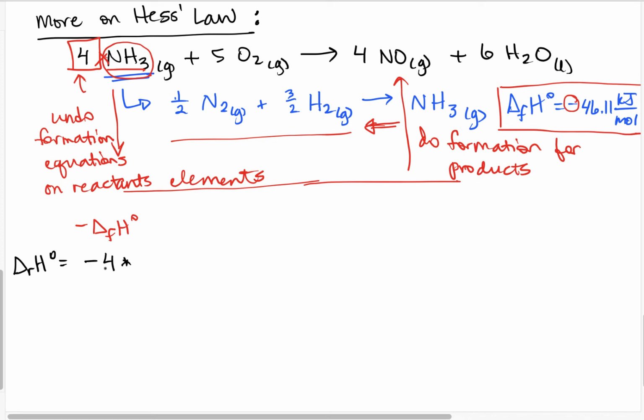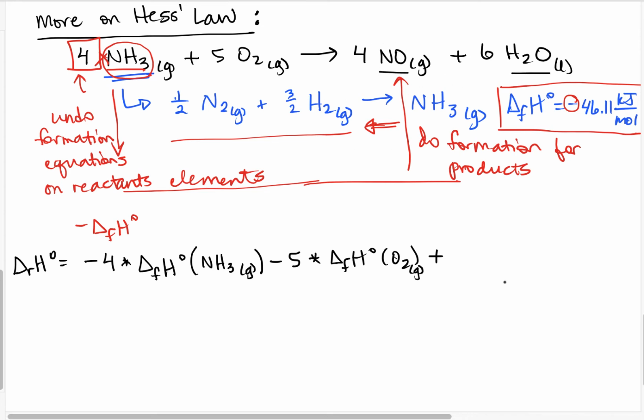The 4 is the stoichiometric quantity, and the minus is because we're undoing the ammonia, of the formation enthalpy for ammonia gas, and then we're going to have minus 5 times the formation enthalpy for oxygen gas. And now we're going to be making the nitric oxide and the water. And so that means we're going to have a positive direction. So we don't need to change the sign there.